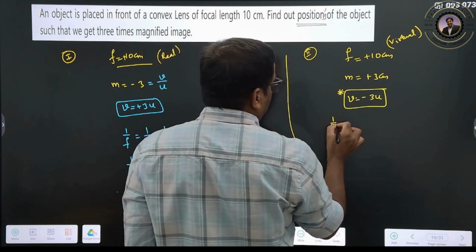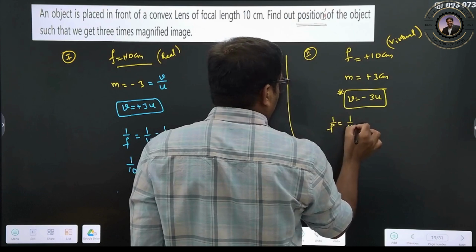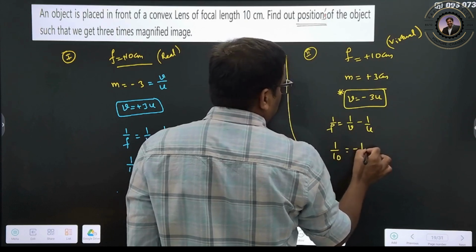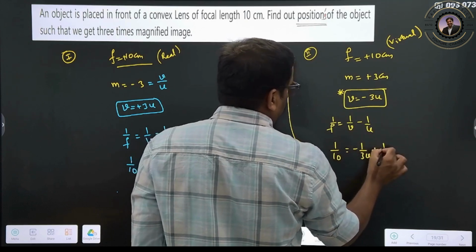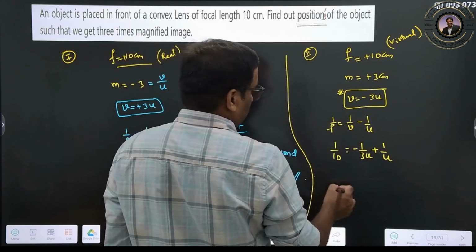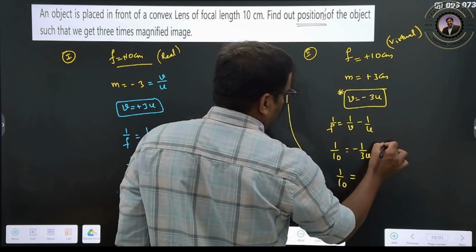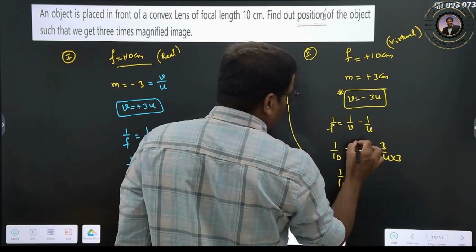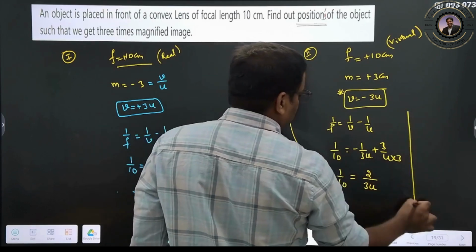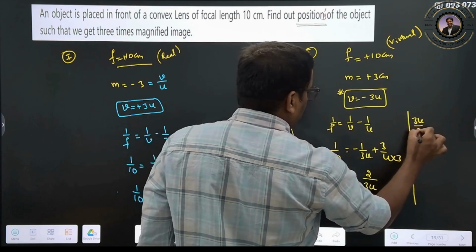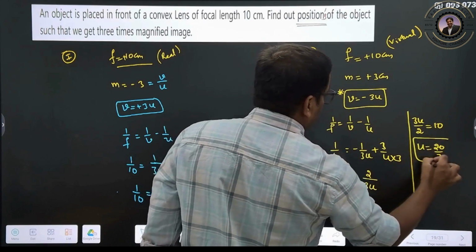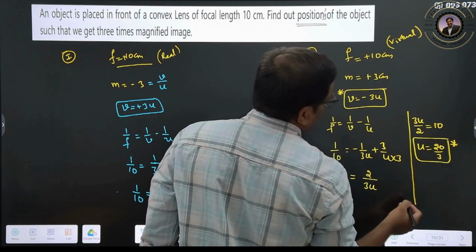Therefore 1 by F is equal to 1 by V minus 1 by U. So 1 by 10 will be equal to minus 1 by 3U, minus or plus 1 by U, clear. How much will it be now? I can write 3 into 3, so 3 minus 1, therefore 2 by 3U. That implies 3U by 2 is equal to 10, U is equal to 20 by 3. 20 by 3 means nearly 6 point something.